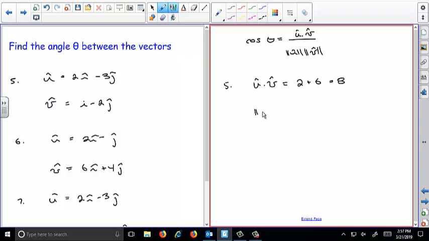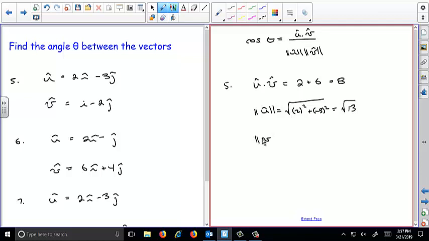And the magnitude of u is going to be equal to the square root of 2 squared plus negative 3 squared. So that's 4 plus 9. That's the square root of 13.